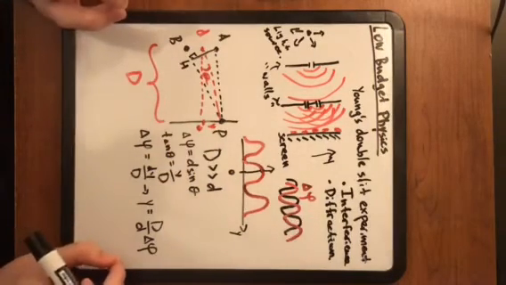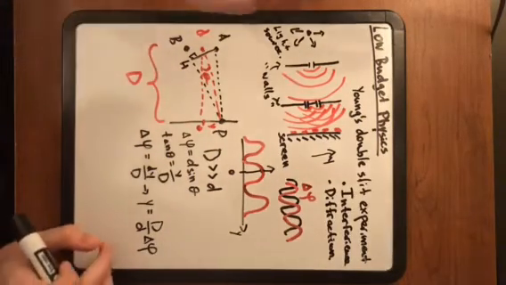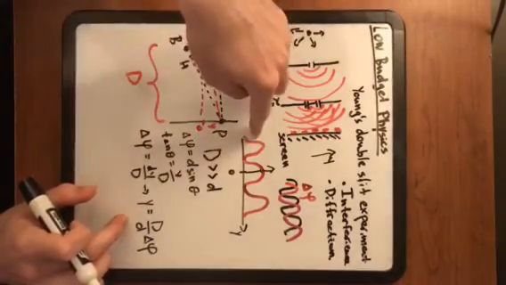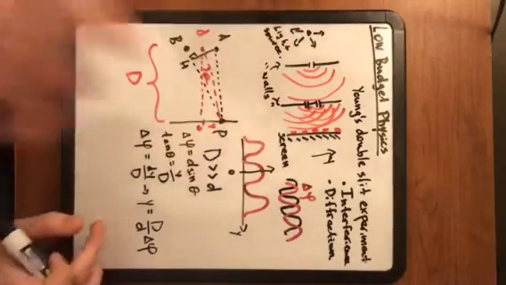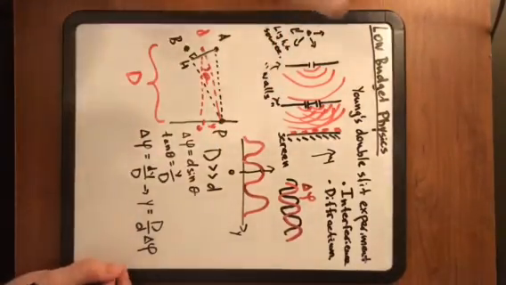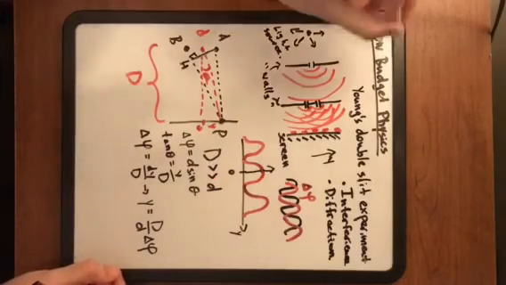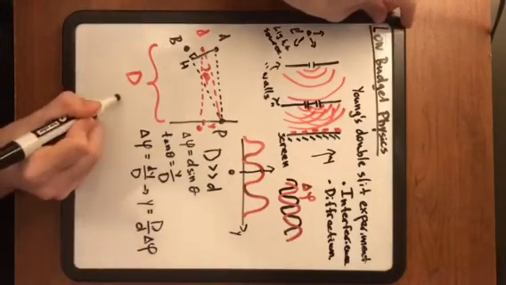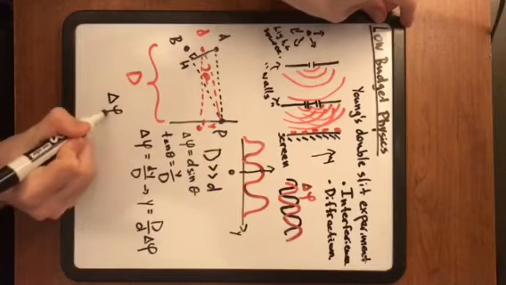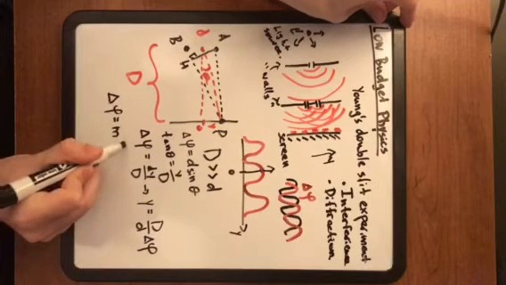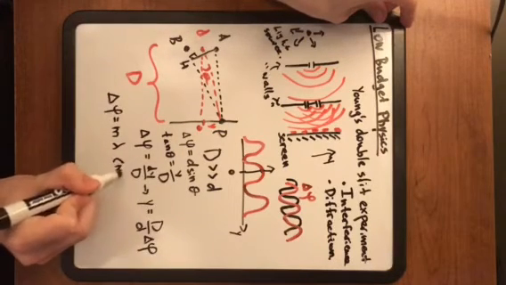We know that if we want to find the maximum intensity, the path difference has to be an integer multiple of the wavelength of the light. So delta has to equal m lambda. It will give us the maximum.